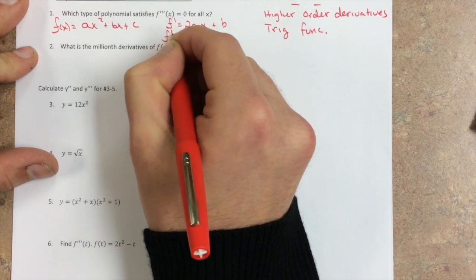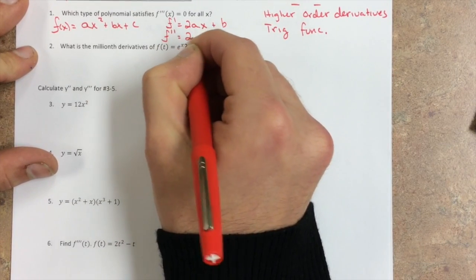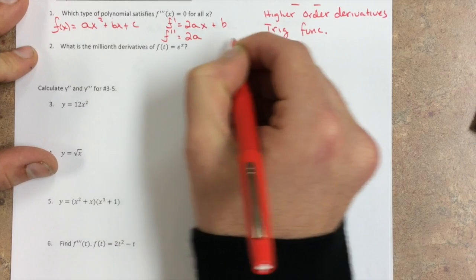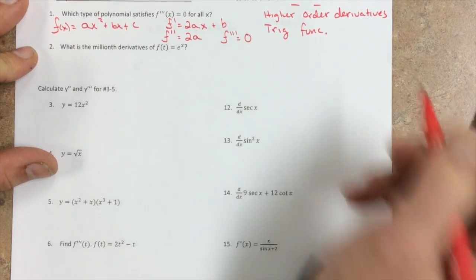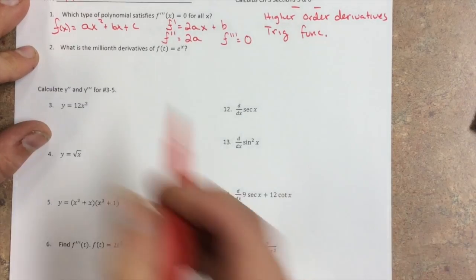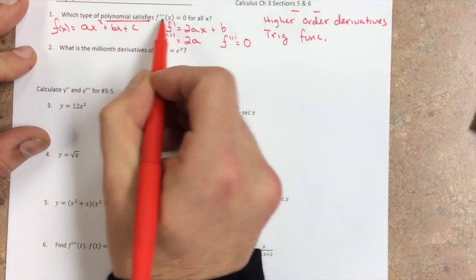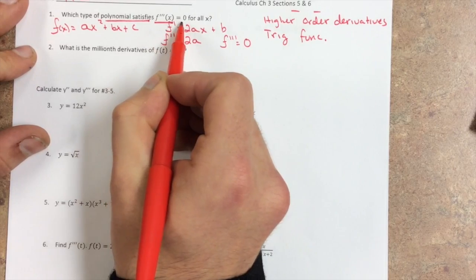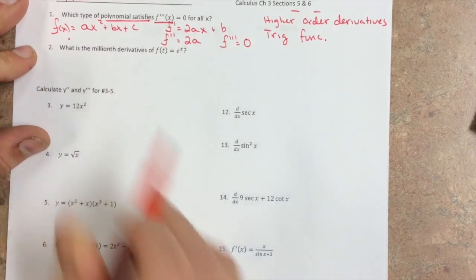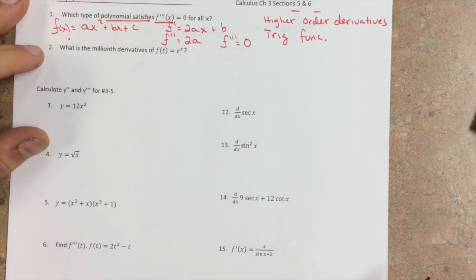If we look at f double prime, that will give us 2a. If we look at f triple prime, that will always be 0. So the polynomial that satisfies f triple prime of x equals 0 for all x is our quadratic function.